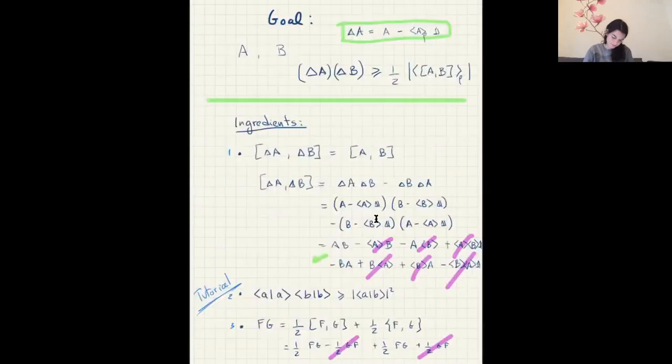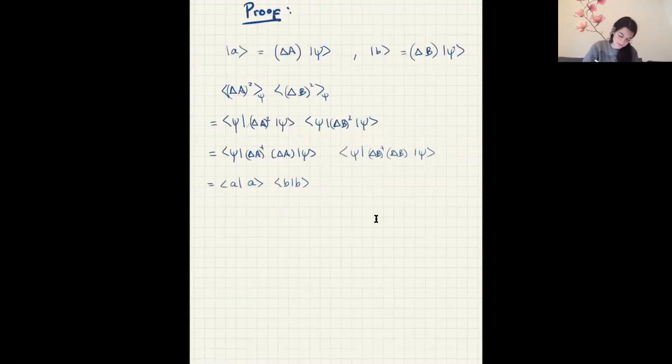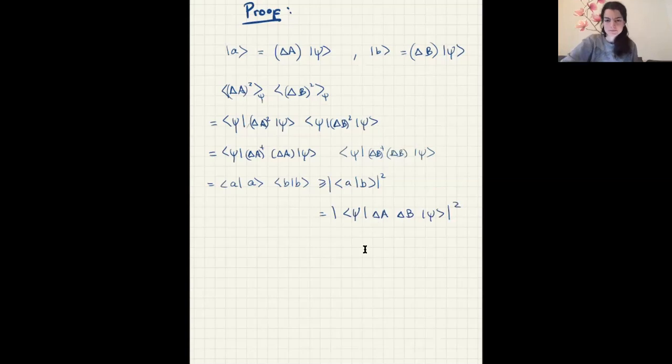Where is it? We'll use this ingredient here. Okay. So say that this is larger than AB squared. So this is larger than AB squared, which is what? So it's psi delta A, which is the same as delta A squared, delta B squared, right?